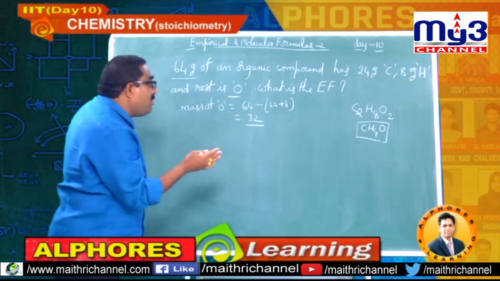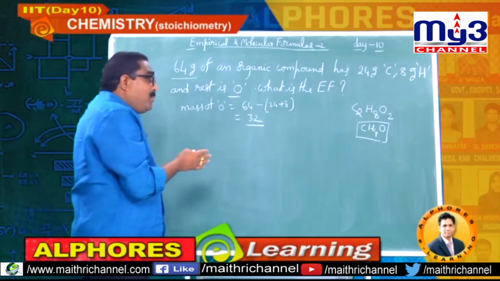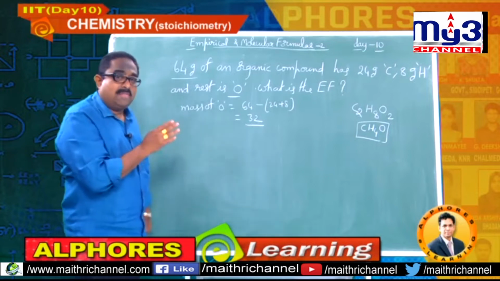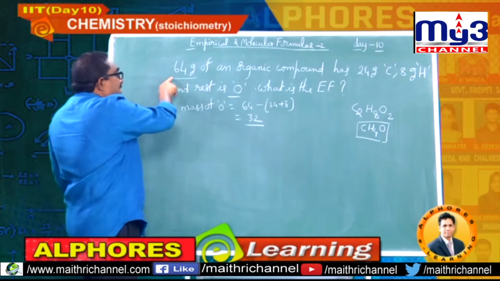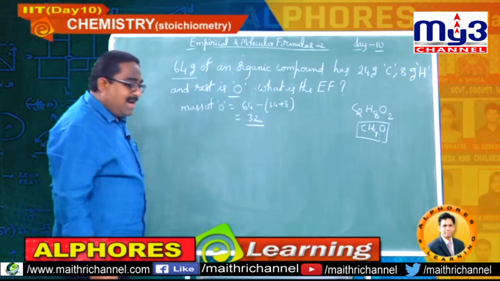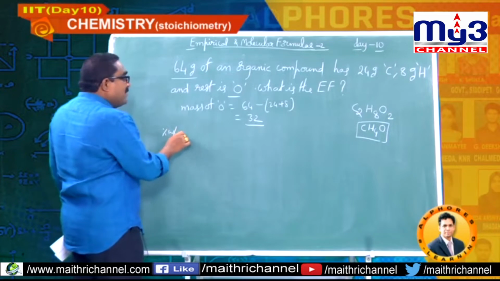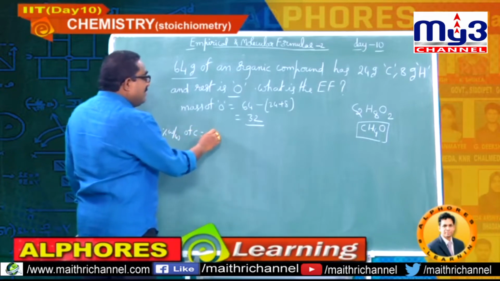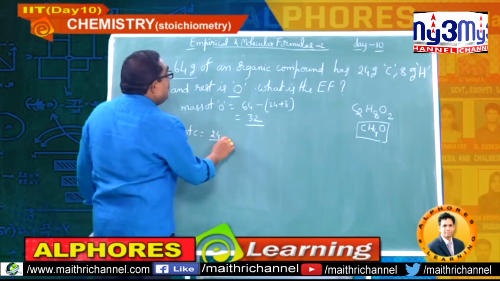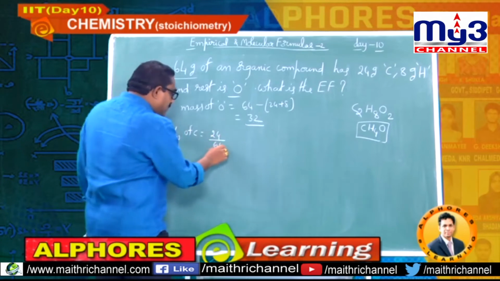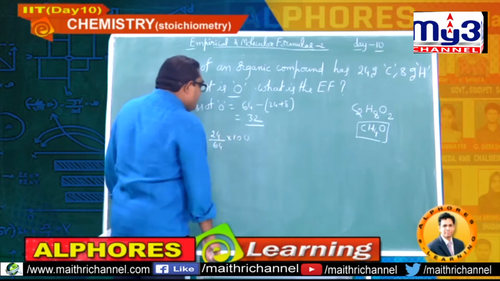But if you follow the procedure, initially you should find the mass percentages, because 64 grams, 24 grams. Here I am writing, see students, percent W by W. Mass percent of carbon: how can you evaluate it? 24 by 64 into 100.